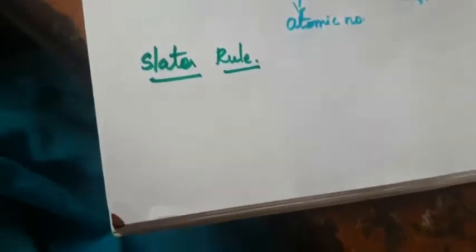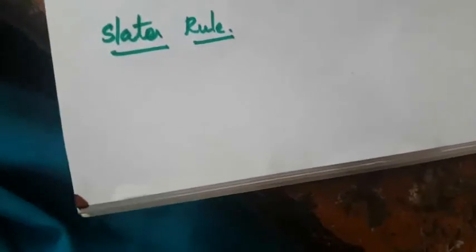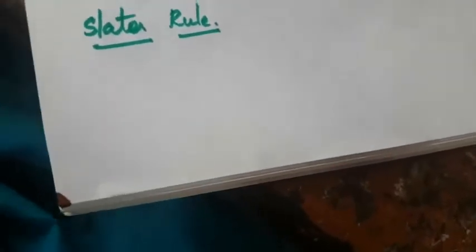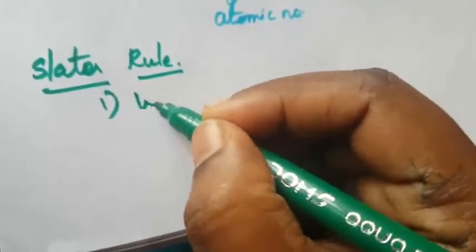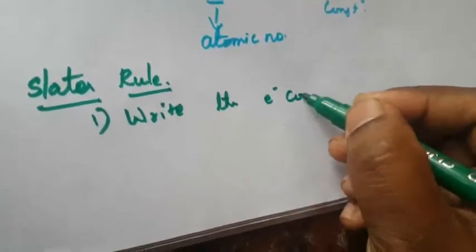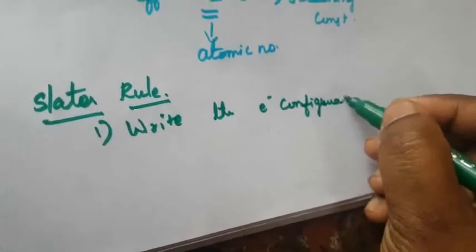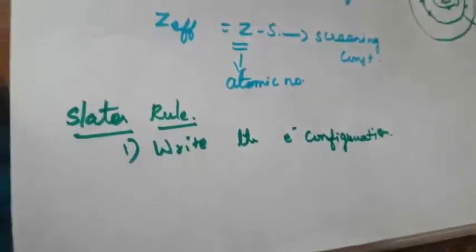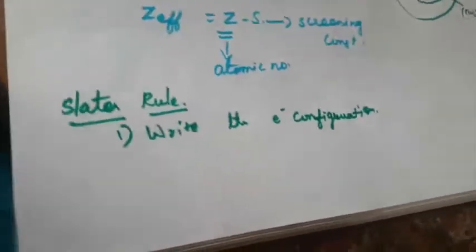So what is the first rule? First, write the electronic configuration, and rearrange it by grouping the ns and np orbitals together and separately. Write the electronic configuration, that is the first Slater rule.